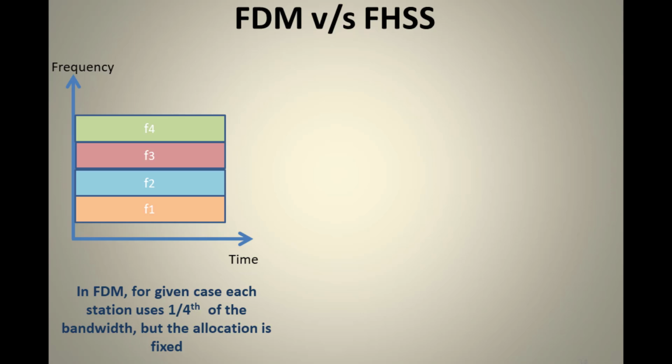In FDM, each station, that is each channel, utilizes 1/4 of the bandwidth, and the allocation is fixed. If channel 1 is given F1, it won't be given F2, F3 or F4. And if channel 2 is given F2, it is not given any other frequency, so only one part of the frequency is given.